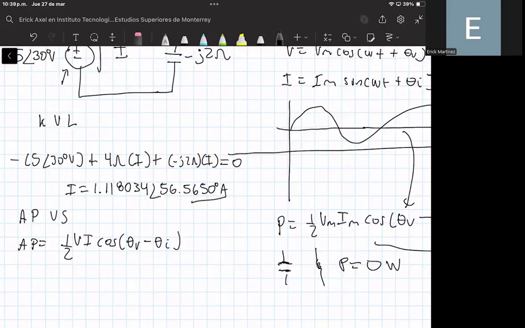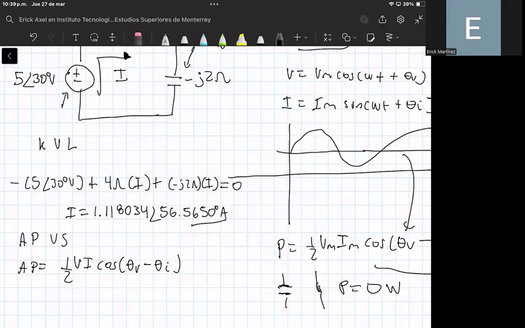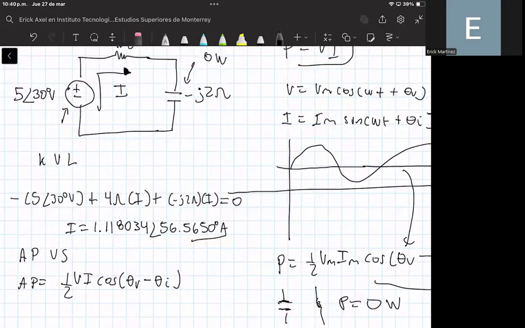But you need to be careful when computing the average power, because you need to see if the element is consuming or delivering power to the circuit.